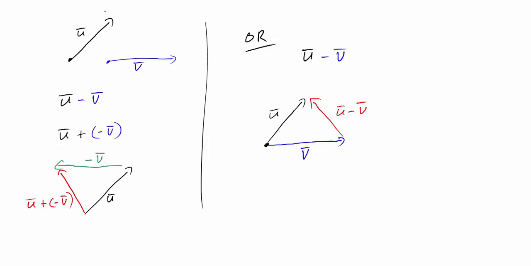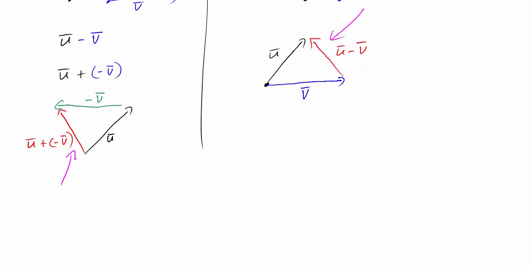And if you look closely, isn't that vector pointing basically in the same direction, with the same magnitude, as the vector we had over here? So we can notice that either way, we're subtracting u minus v.